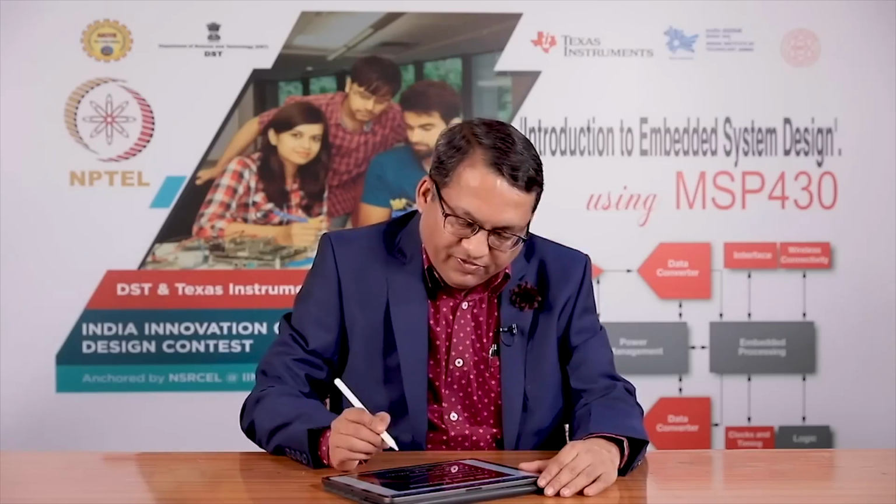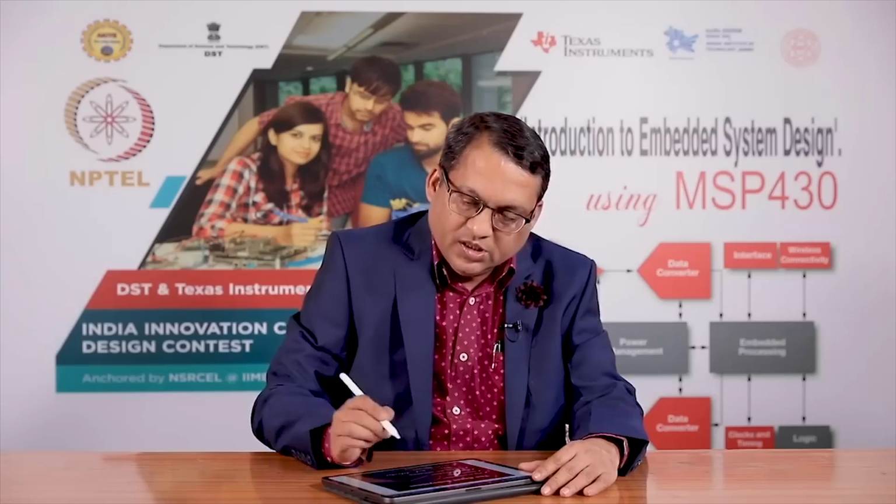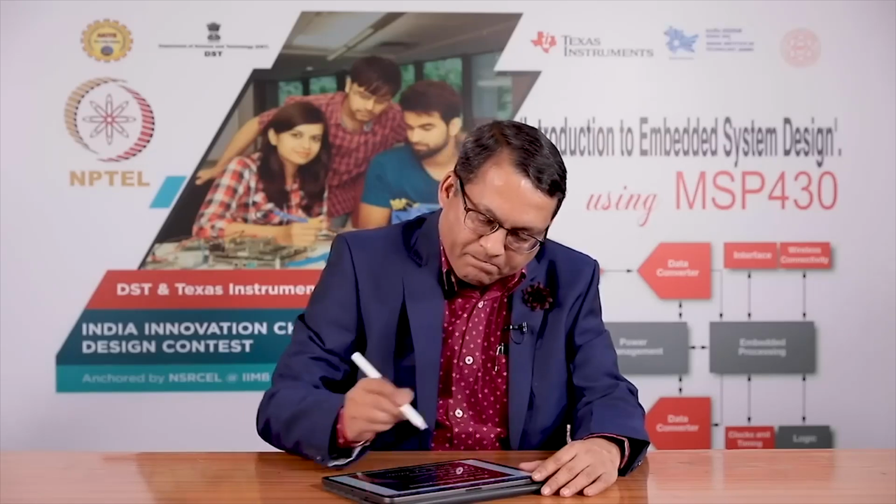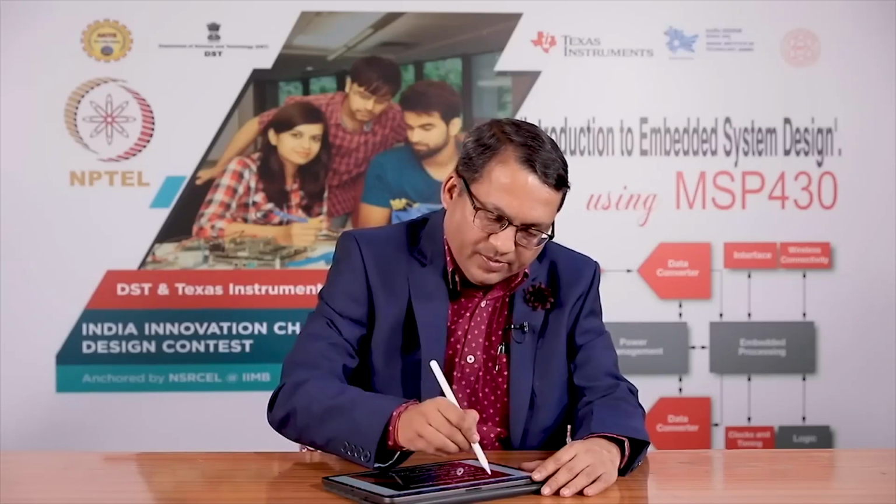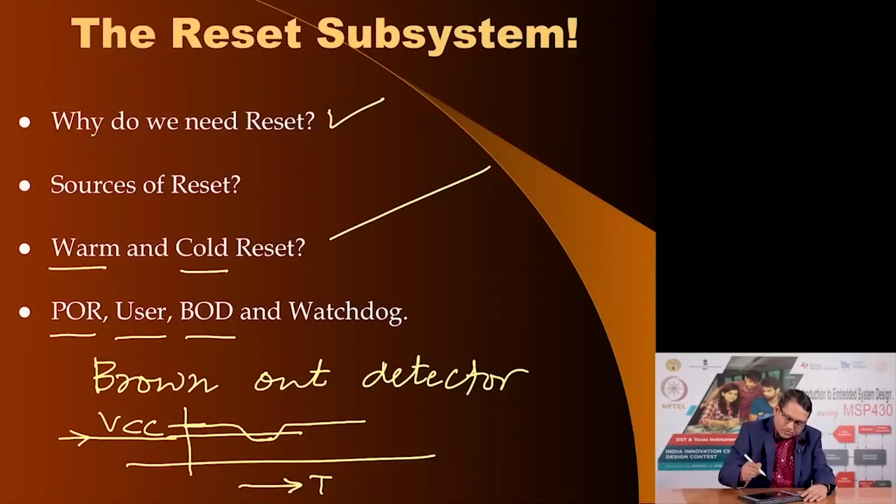The fourth type of reset source is what is called the watchdog timer, and the watchdog timer is a common feature these days in microcontrollers. As the name suggests, it is like a watchdog at home which would start barking if it finds anything other than usual, like an intruder.